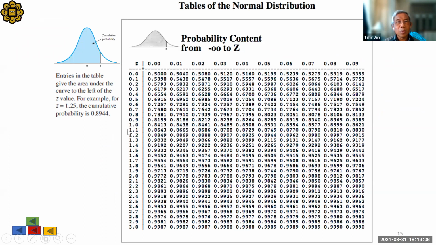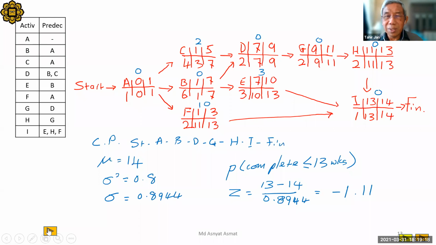Agree? So 0.8665. But it's negative, right?